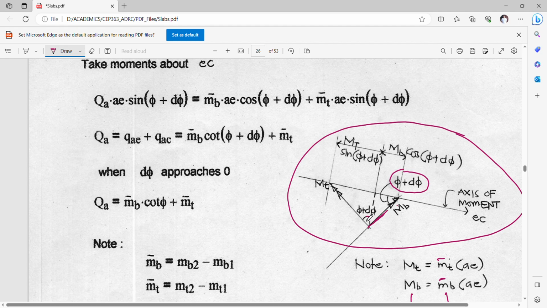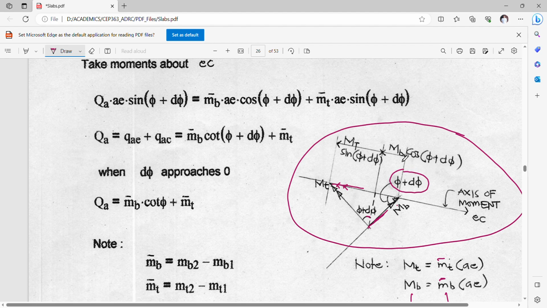Hence, if this is MT, the component of MT here will simply be equal to MT times the sine of phi plus dphi. And for MB, this is your moment of interest, so this is actually the cosine of phi plus dphi.